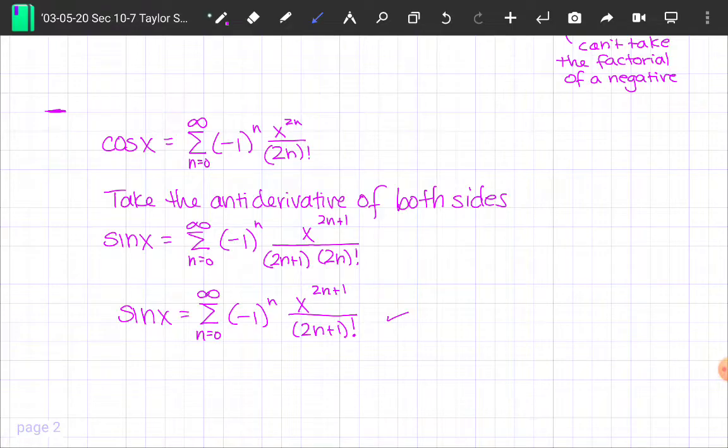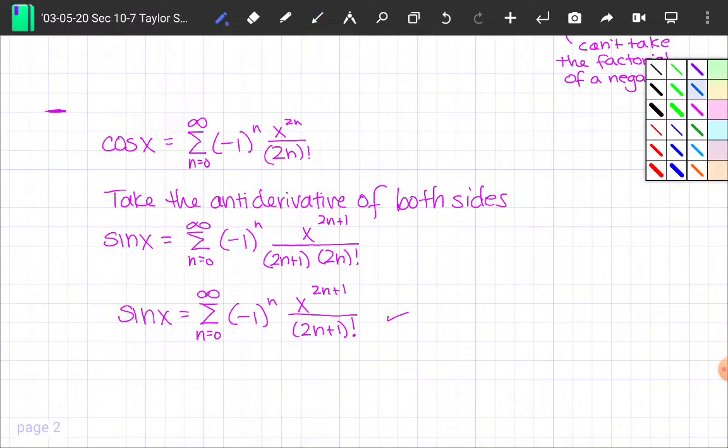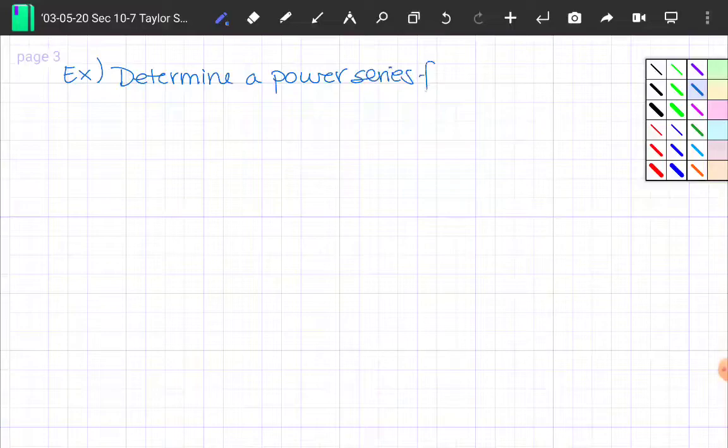Now, once we know some basic ones, we can also use them to derive other things. So here's another quick example. I guess it's not really another quick example. It's just a quick one because the last one wasn't quick. But if I want to determine a power series for the sine of x squared, I could go through the whole process of finding a first derivative, a second derivative, a third derivative, a fourth derivative.